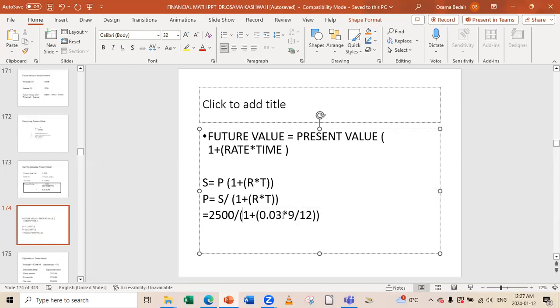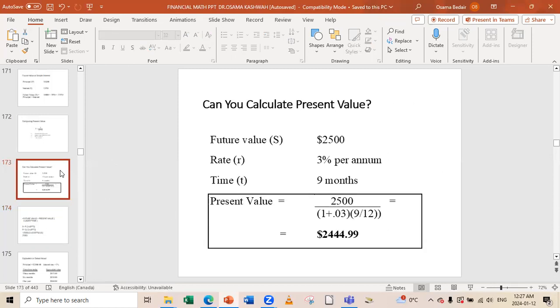Then after we finish this whole bracket, we will divide 2,500 by the output of these calculations.